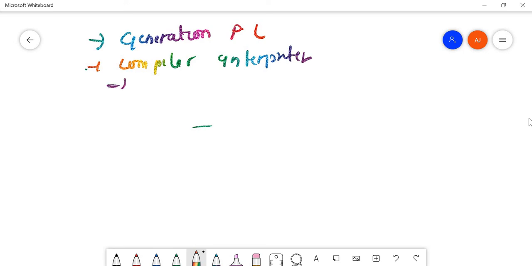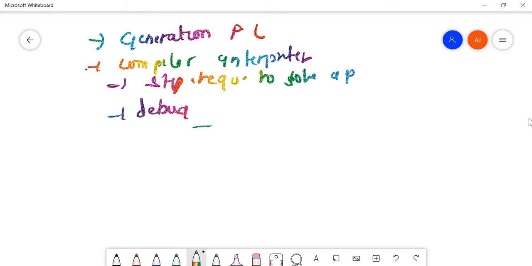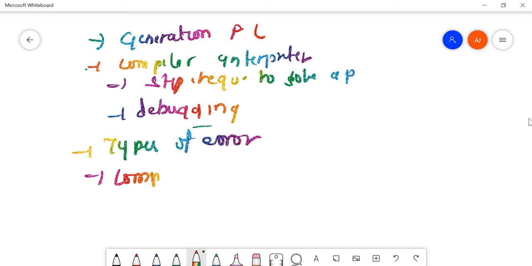Next is steps required to solve a program. Okay, next is debugging. Okay, next is types of error. Okay, so next is compilation process. Fine, so all these questions you need to study properly.